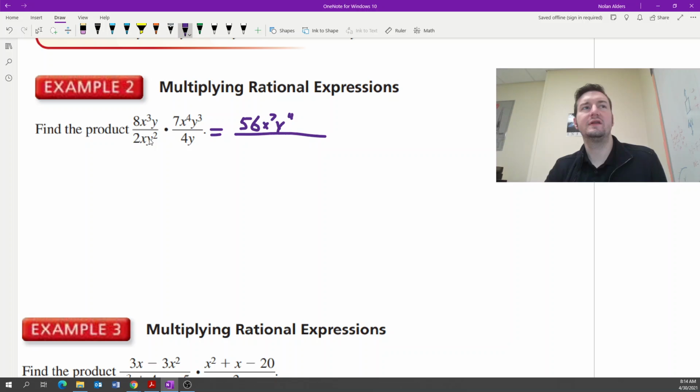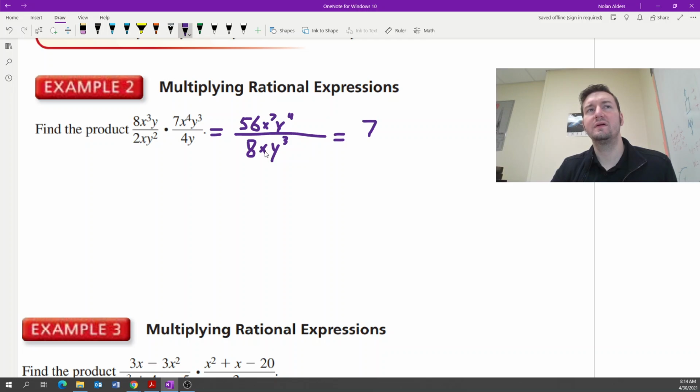Okay, now let's multiply the denominators. 2 times 4 is 8. X times, there's not another x, so we'll just have an x. Y squared times y will give you y cubed. Now again, look for things that you can cancel. We know that 56 divided by 8 is 7.